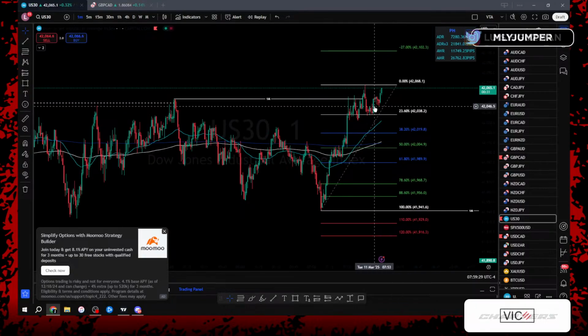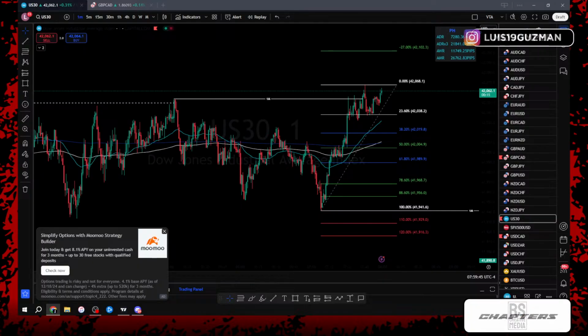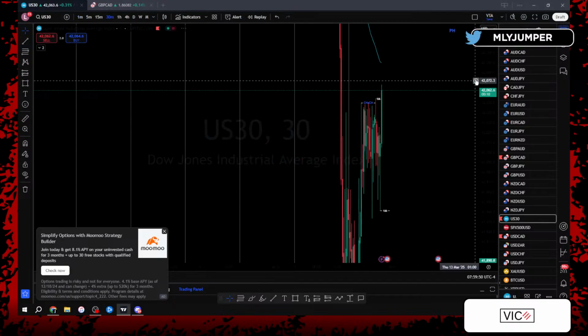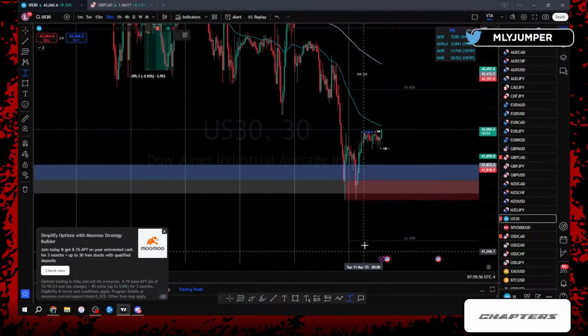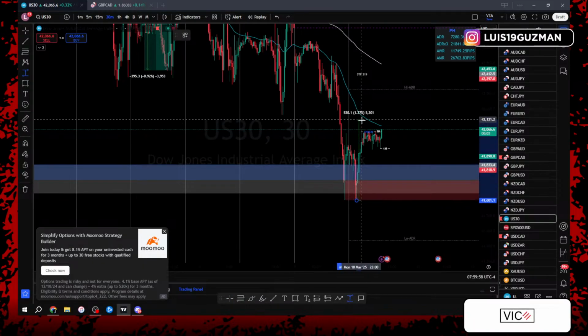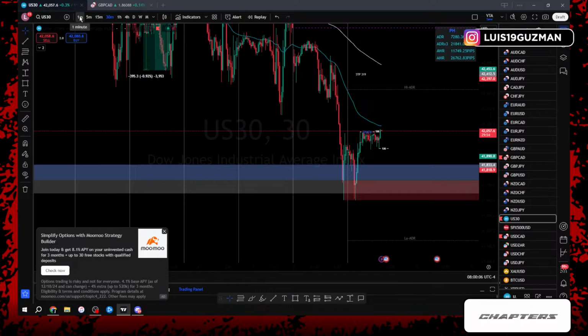Damn, US 30 is not gonna give me a steeper pullback. Come on, man. Where we're at? Yeah, it's almost hitting it. Looking for a steeper pullback anyway.